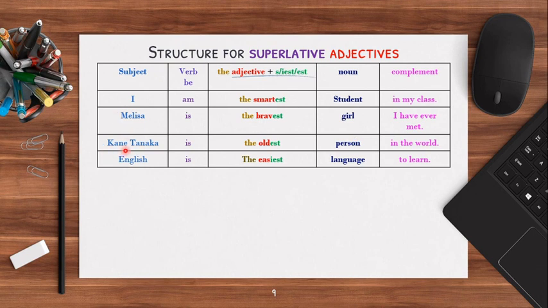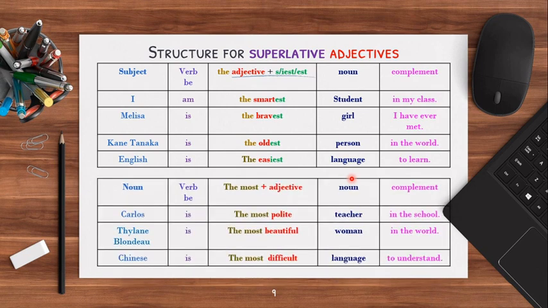So Kane Tanaka is the oldest person in the world, and English is the easiest language to learn. So this is how this one works. Whenever we talk about adjectives that have more than two syllables, we follow the same structure but we are going to use the most.